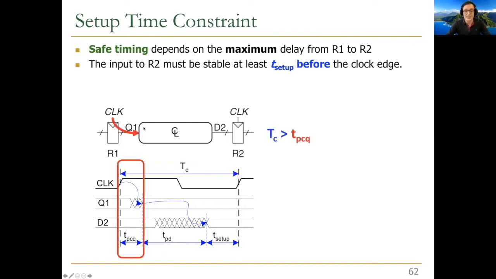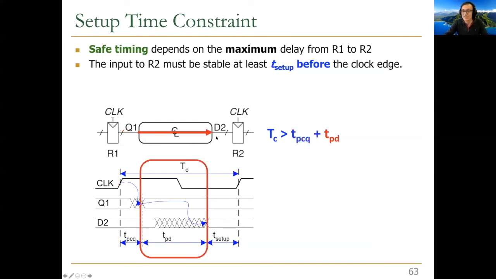Certainly, the input of this combinational logic becomes available from the earlier register in TPCQ amount of time. Remember, what this was is clock to Q delay, propagation delay, which is the worst case delay from clock to Q. So that's the worst case delay over here. And then in the combinational logic, we have some propagation delay.